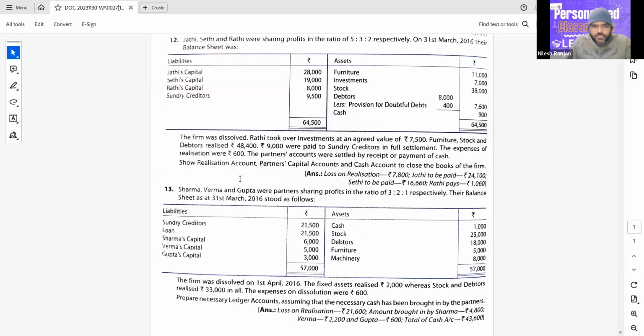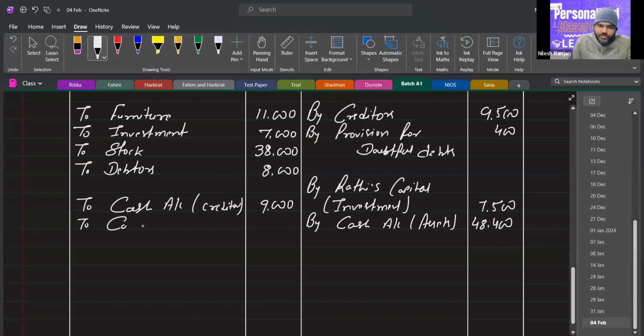After that, the expenses of realization were 600. The partner account was settled by receipt or payment of cash, to cash. Dissolution expenses 600.